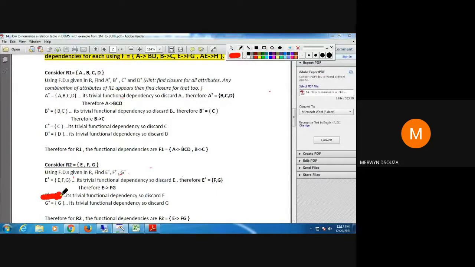Similarly, G closure gives only G. G is not there on the left hand side, so you can discard G. When you discard this, you get only one functional dependency for R2, that is E determines FG. So that will be your F2. This is the set of functional dependencies for R2, F2.